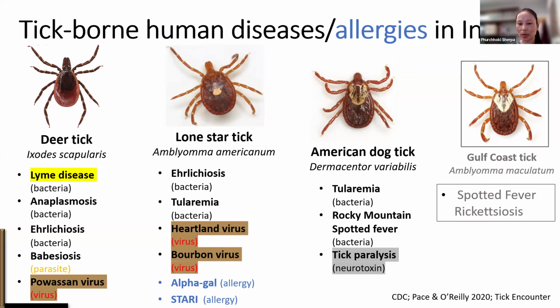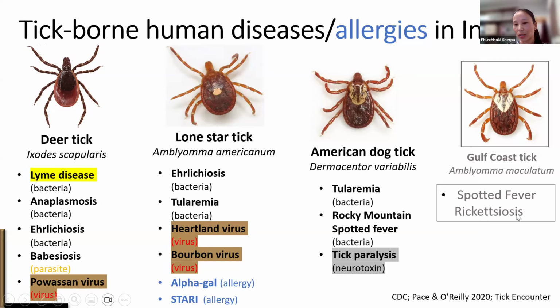Apparently, when a tick attaches, it can produce neurotoxin and cause paralysis. And if the tick is removed, that paralysis goes away in most cases. I haven't known anybody having this case, so I just know of it from secondary knowledge.